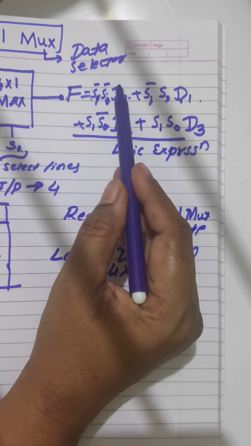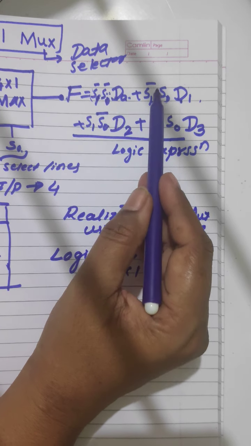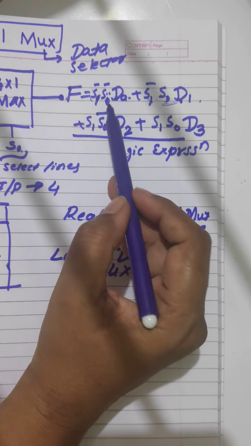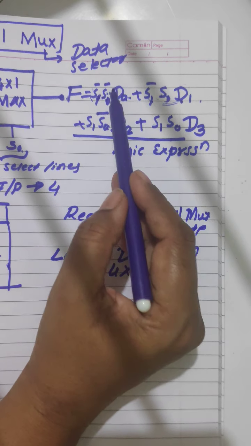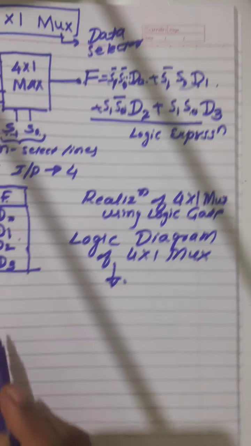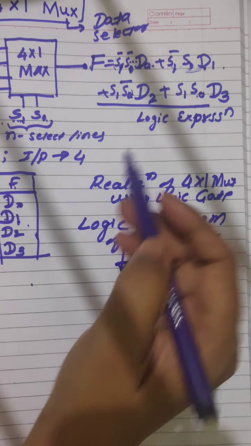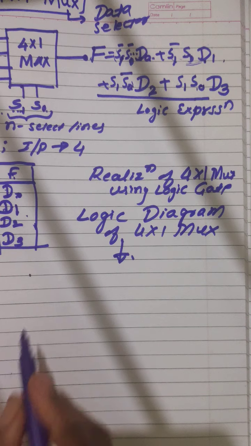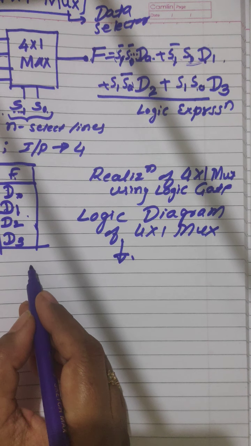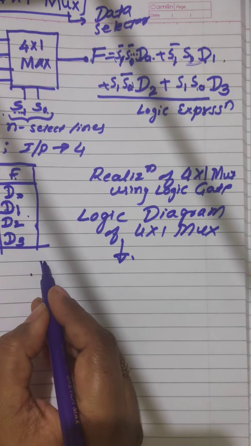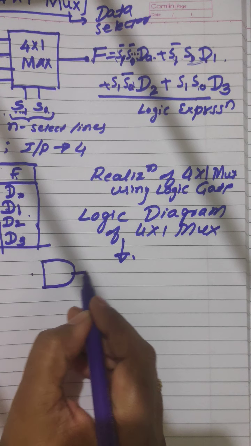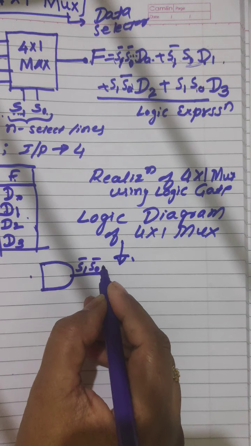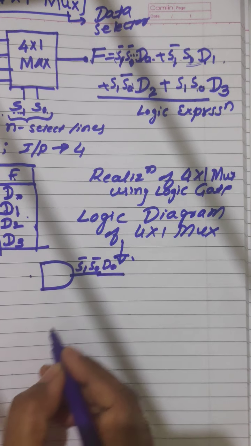So to implement the first term we are going to use one AND gate. Similarly, the second product term requires one more AND gate. In total 4 products are there in the equation, so we need 4 AND gates. And finally we are going to combine them, so to combine we are going to use an OR gate. So this is the first AND gate. The first AND gate is going to give S1 bar, S0 bar, D0 as the output.